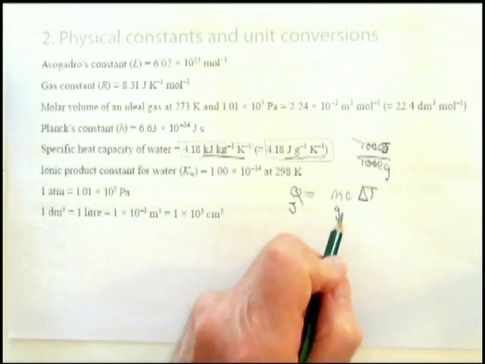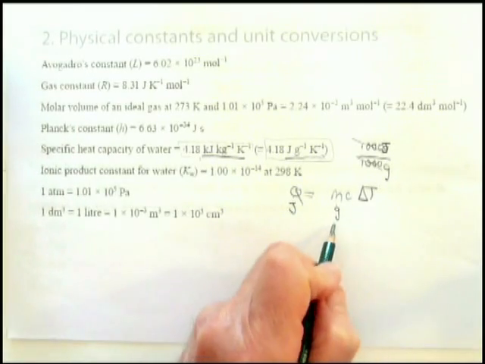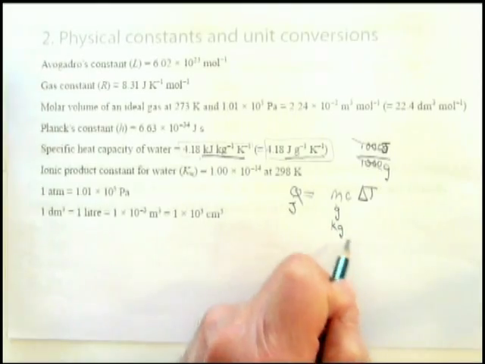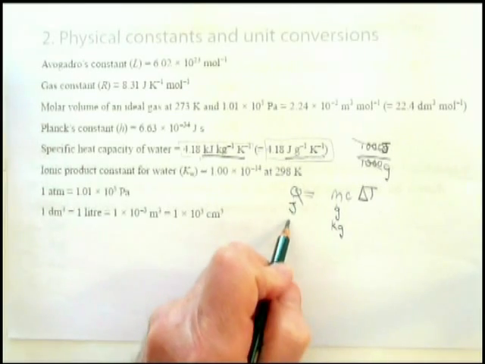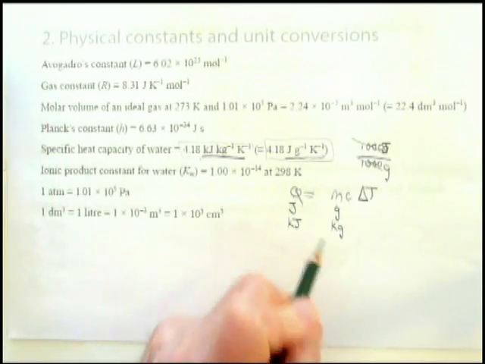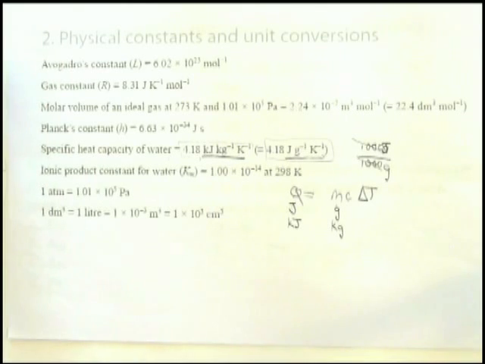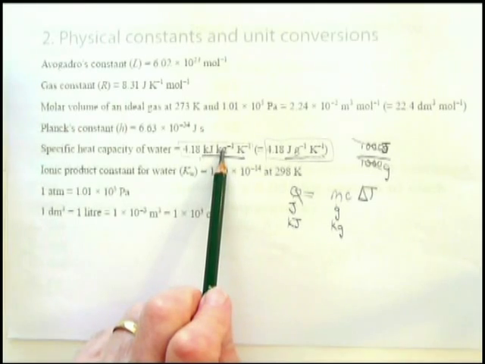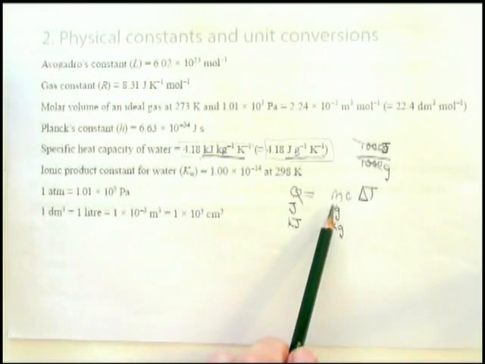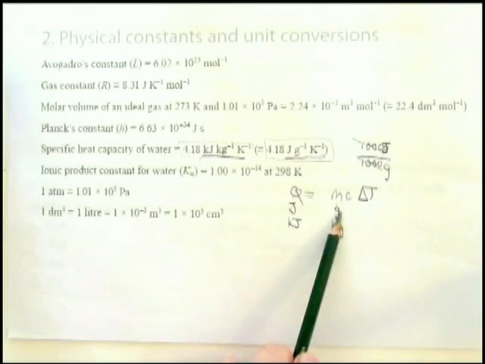If m is given in kilograms, then the Q would be given in kilojoules. So that is important to know. And it's just important to be clear about the constants. You can use that or that, it doesn't matter. But when you're doing the equation, you have to be consistent.